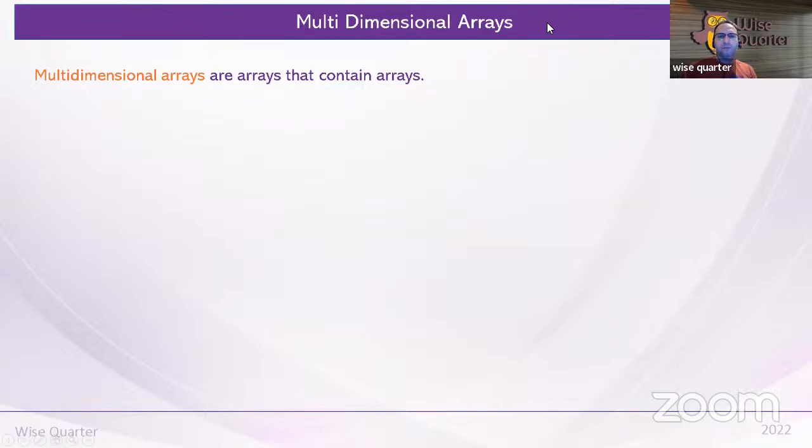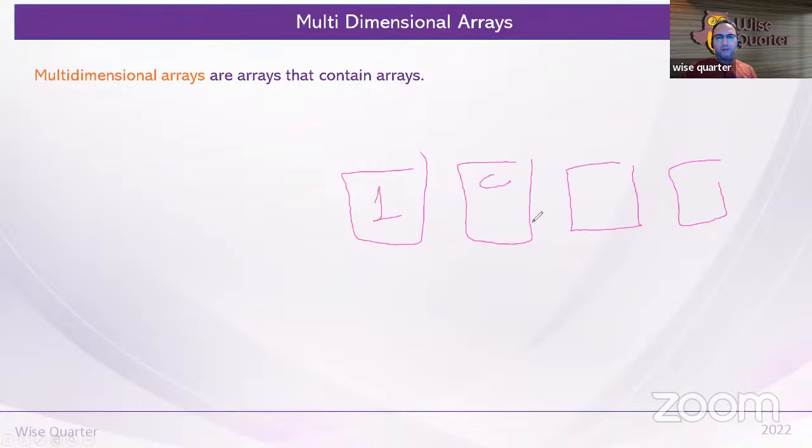Until now we have saved a lot of numbers in an array: 1, 9, 8, it doesn't matter, 5. In an array, we stored those values. Okay, we did that.